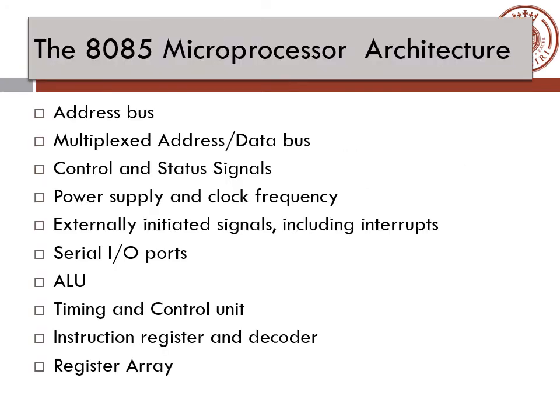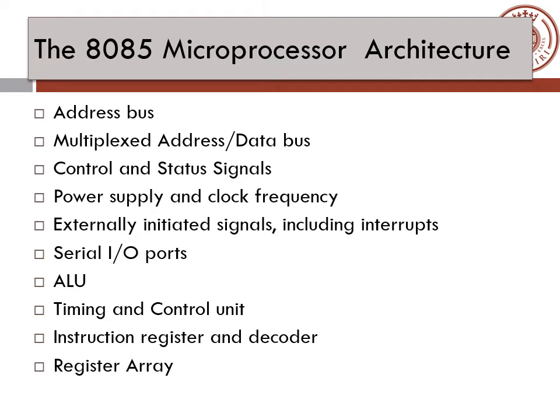Now, as you have seen, the architecture consists of the address bus, and you can see that you are having the multiplexed address and data bus. We'll see what is meant by multiplexed address and data bus. We are seeing the control and status signals, and we are having the power supply and clock frequency. Externally initiated signals are those which are externally initiated, and that includes the interrupts.